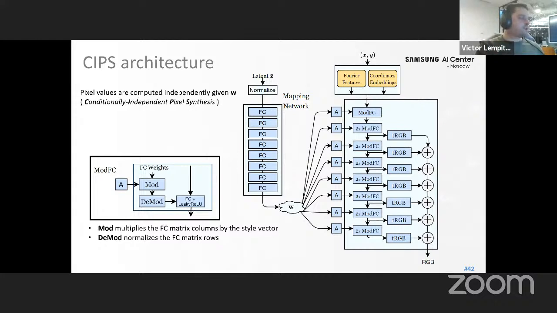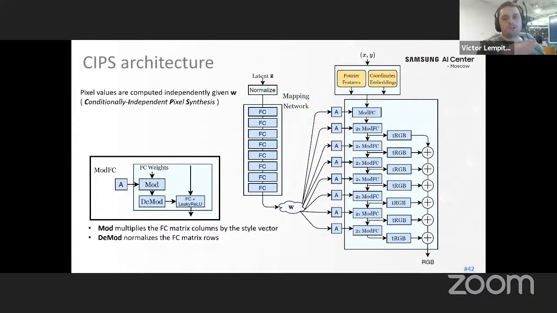After this reweighting in the mod stage, we L2 normalize the matrix rows in the demod stage. Then we get a new matrix which depends on W, and we use it inside those matrix multiplications. But given W, each pixel is generated independently, so we'll call this architecture conditionally independent pixel synthesis generator, or CIPS generator.